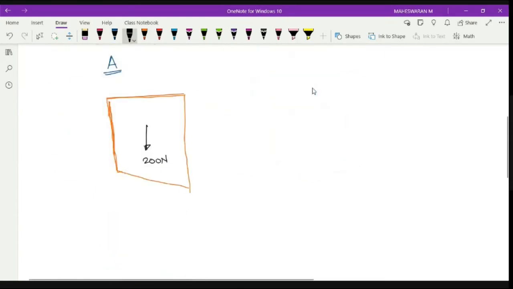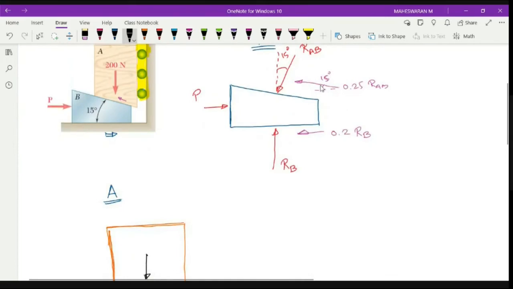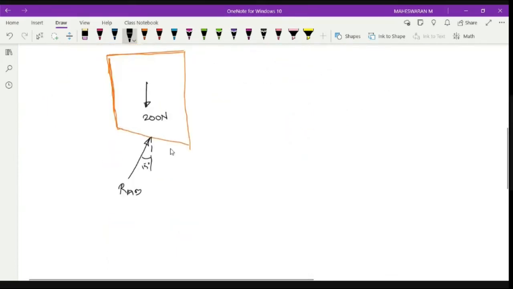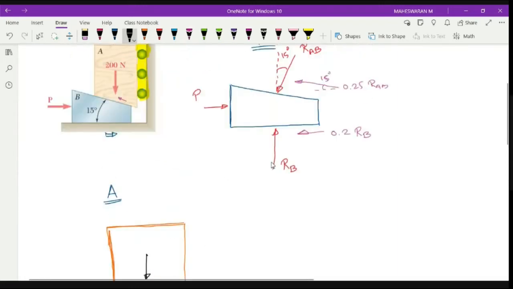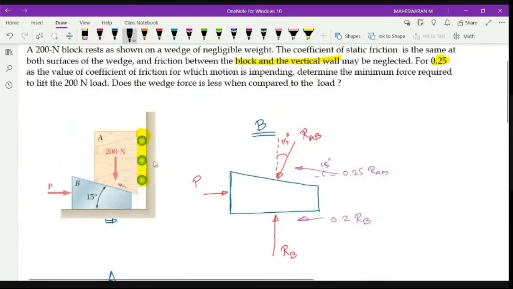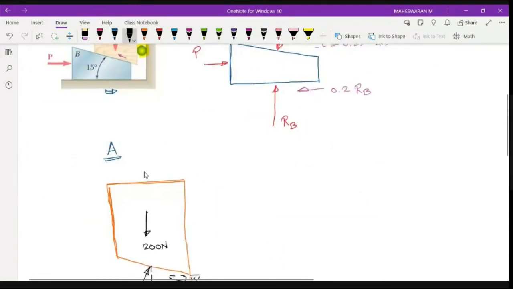So you have RAB here too, in the upward direction, at an angle of 15 degrees from the vertical. The friction force has to be in the opposite direction, towards downward, 0.25 into RAB, at 15 degrees horizontally. Other than this, there is a contact here, which forms a reaction, RA.